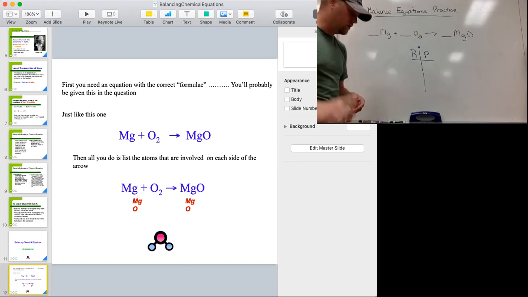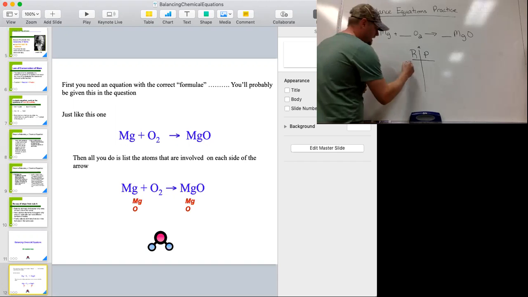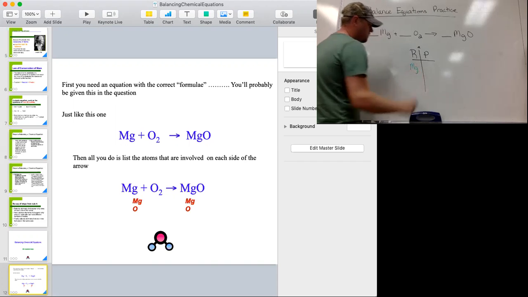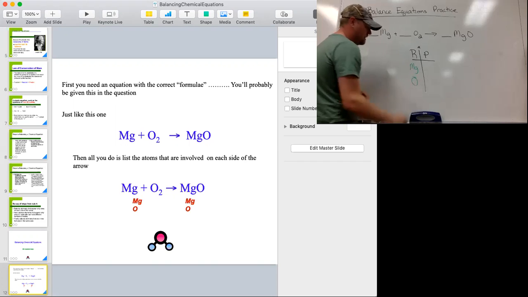So the first thing we're going to do is we got to figure out what elements we're working with. So when we look at these reactants over here, we see that we only actually have two elements that we're working with. We have something called magnesium, which is a big M followed by a little g, and we have oxygen as well. Now here's the awesome thing, guys.